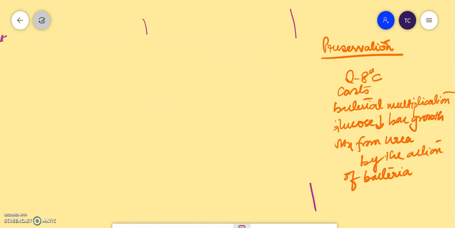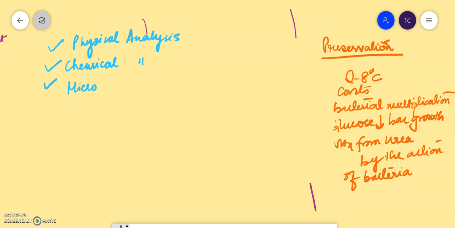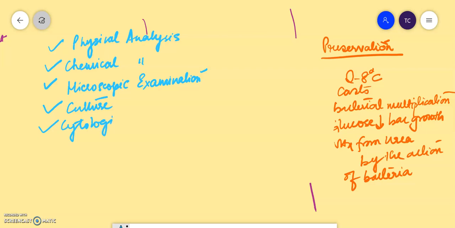First is your physical analysis, then your chemical analysis, then microscopic examination, then culture, then cytological examination.